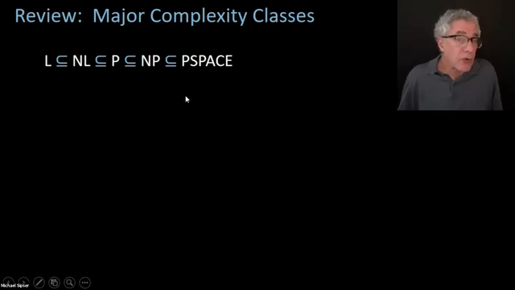But we have not shown whether any of these classes are different. We've pointed out that there are some unsolved problems here, but do we know any of these classes differ from each other? Or could it all collapse down to L? And the answer to that is, we do know that PSPACE and L are actually different. That we can prove.